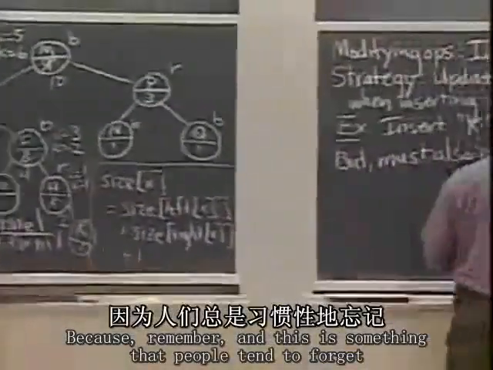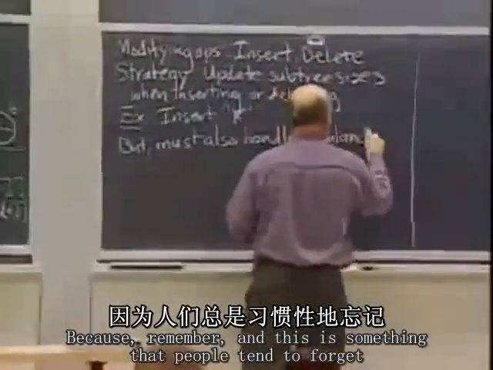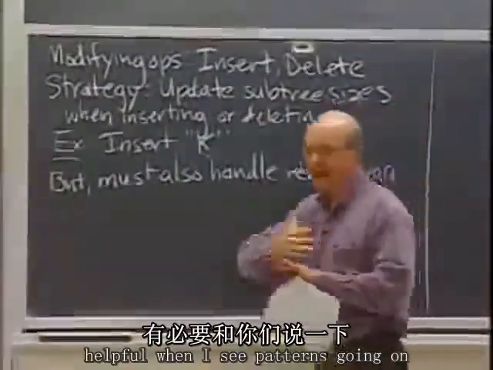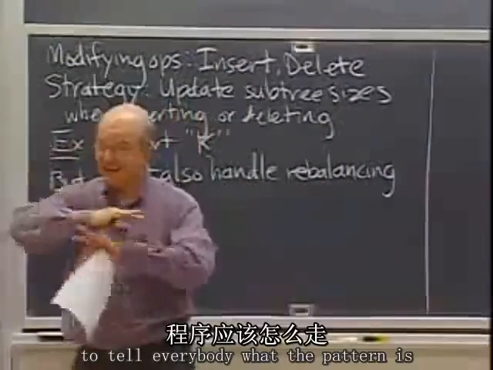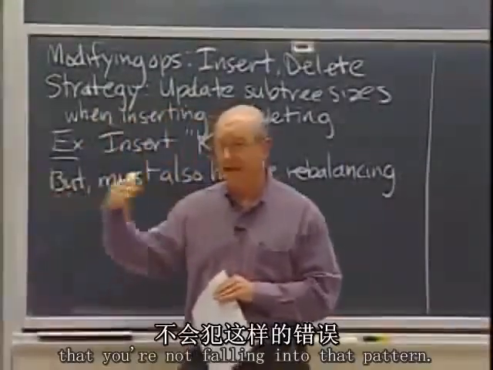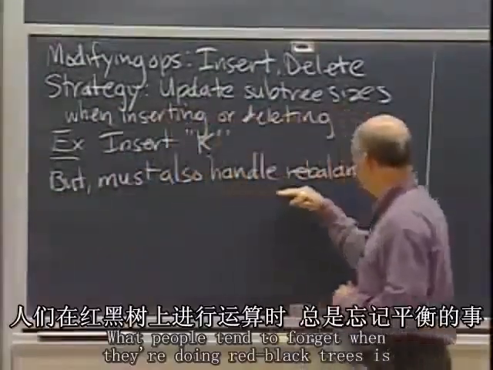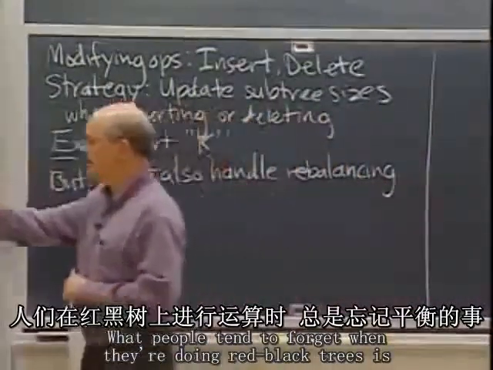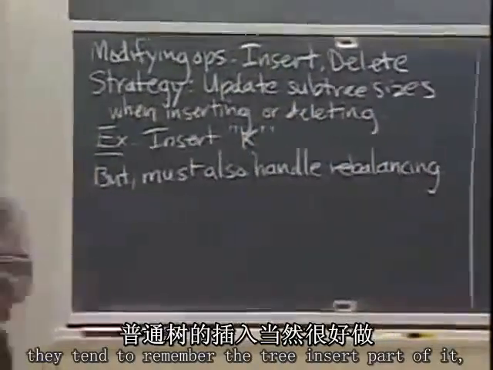because remember, and this is something people tend to forget, it's always helpful when I see patterns going on to tell everybody what the pattern is so that you can be sure you're not falling into that pattern in your own work. What people tend to forget when they're doing red-black trees is they remember the tree insert part of it.